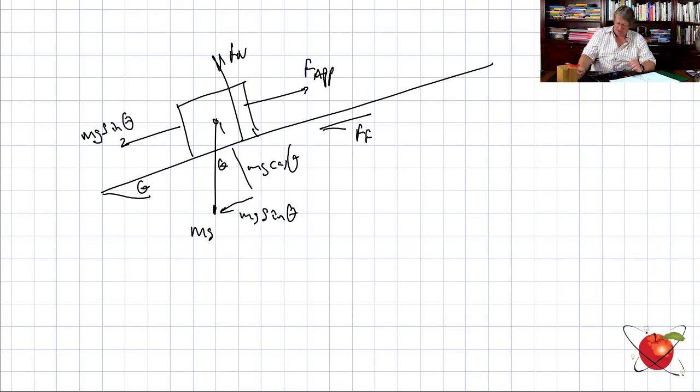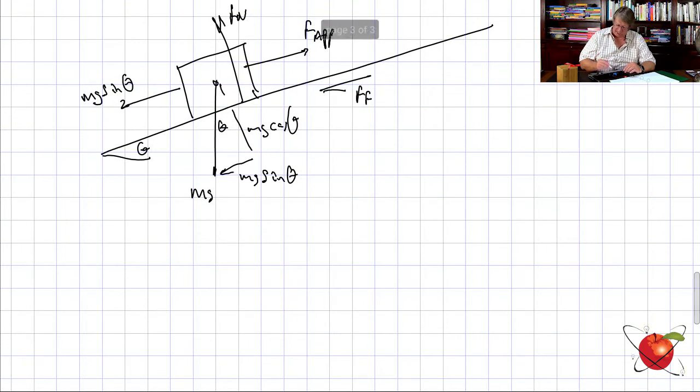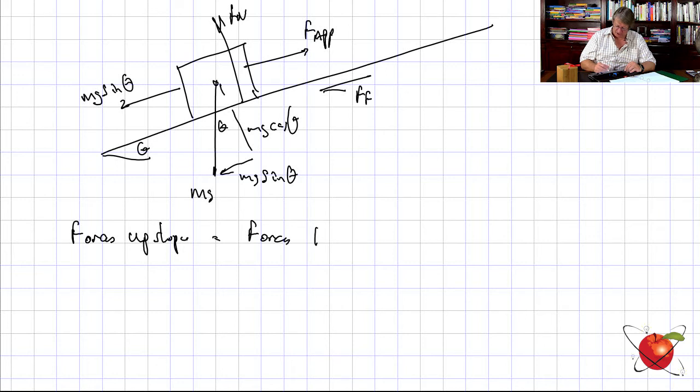Now, what if, and here we go with our scenario planning, what if F applied is equal to, so I say, what if forces up slope equal forces down slope? Force up equals force down.